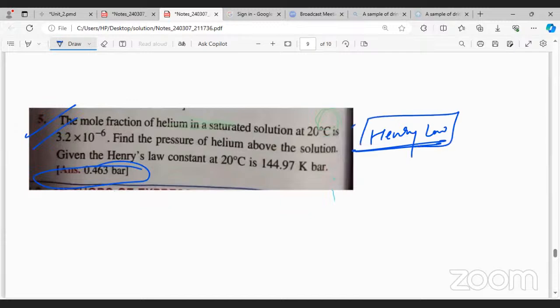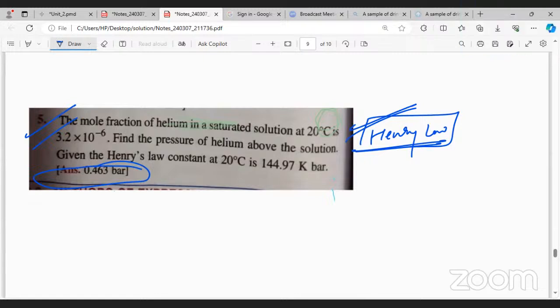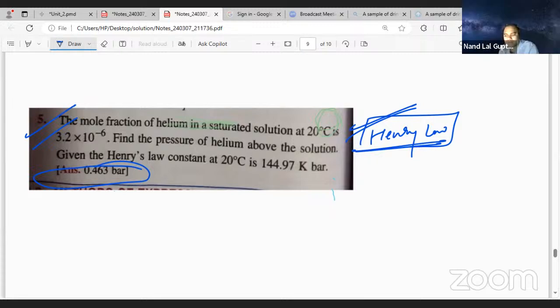So you practice the problems on Henry's law. I am giving you the PDF. You practice, and if you face any problem, tomorrow you text me which problem you are facing, so that we will discuss it tomorrow.